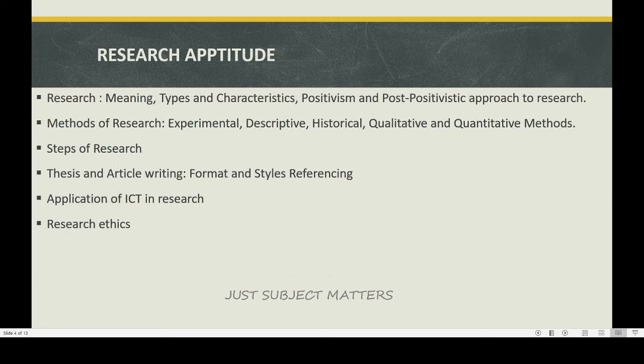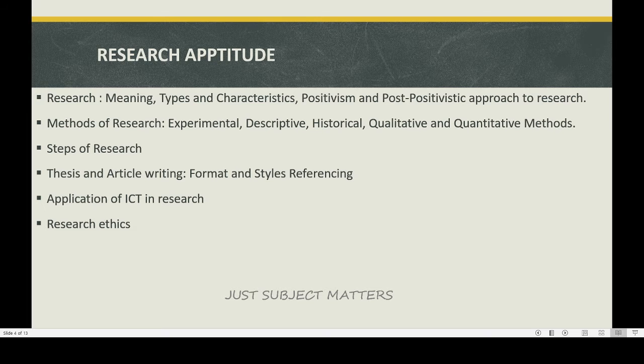In the second module, we have research aptitude. In research aptitude, we have to have a full understanding of research. So we have to know the meanings, its types and characteristics, positivism and post-positivist approach to research, followed by the methods of research. There are so many methods of research, and we have to go through all of them, for example experimental, descriptive, historical, qualitative, quantitative, etc. And what are the steps of research?